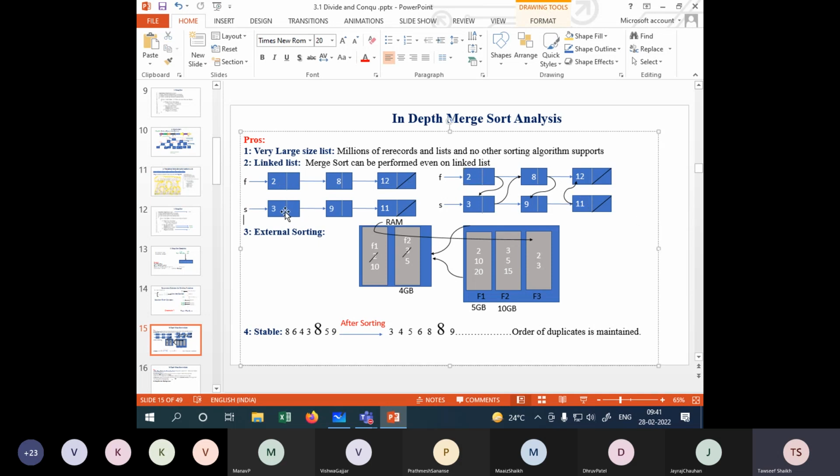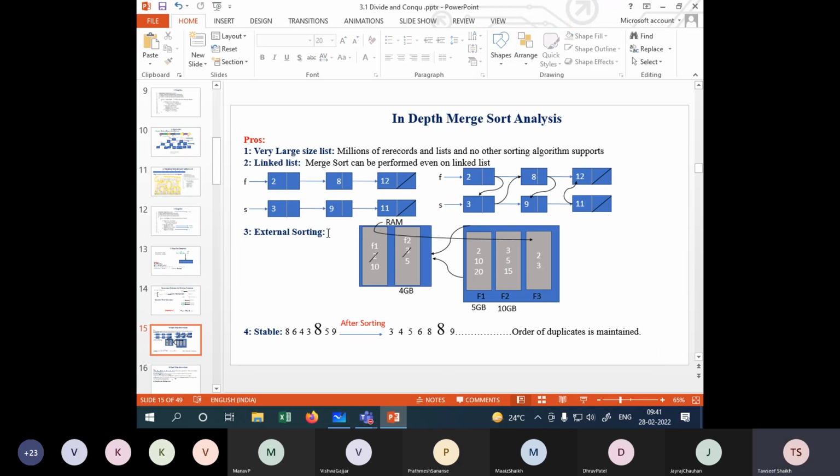Since 3 comes in between 2 and 8, the link from 2 to 3 will be changed. Initially 2 was pointing to 8. Now 2 will be pointing to 3, then 3 will be pointing to 8. There will be no direct link between 2 and 8. So this can also be done by merge sort. By using merge sort, we can even sort a linked list.